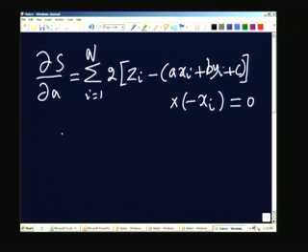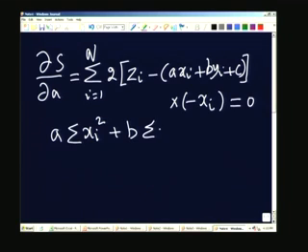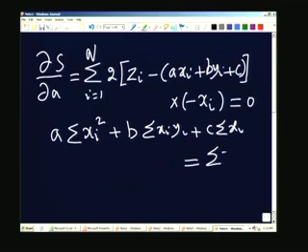So, you will see that I have a sigma x_i squared plus b sigma x_i y_i plus c sigma x_i is equal to sigma z_i x_i. So, the first normal equation is written down by taking the derivative with respect to a and setting it equal to 0.